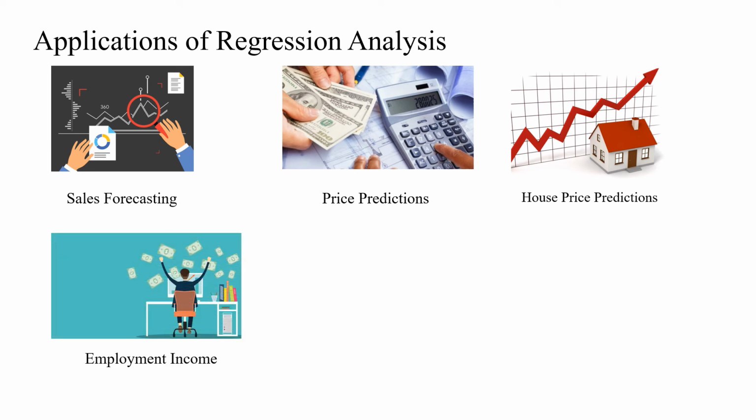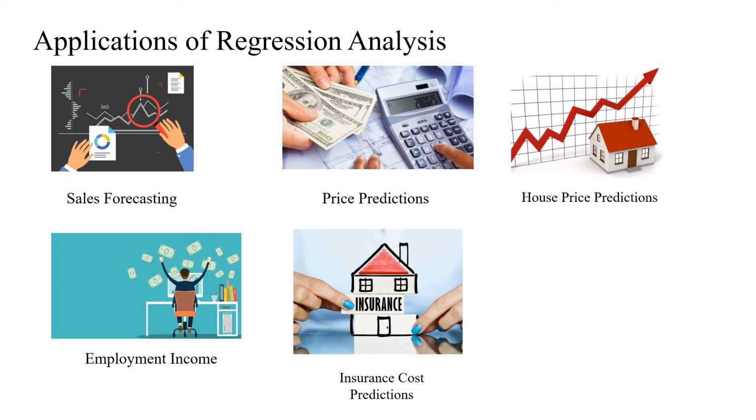The next one is employment income. You can use regression analysis to find your appropriate income. So your income would be dependent on your educational level, your age, your sex, your occupation, and so on and so forth.